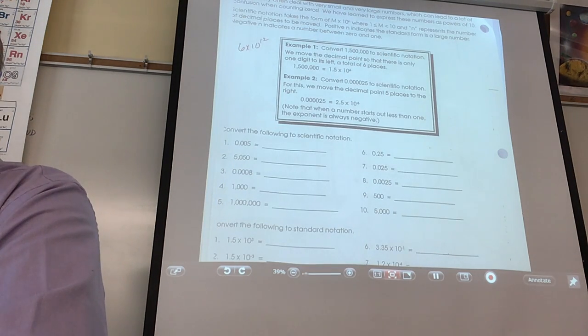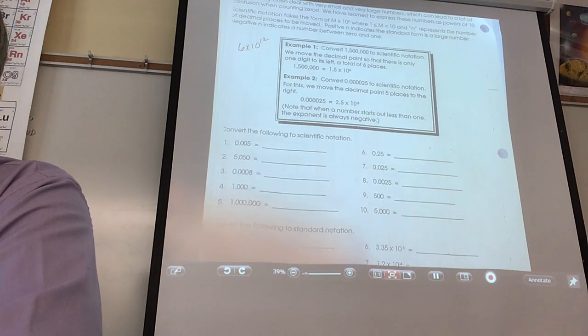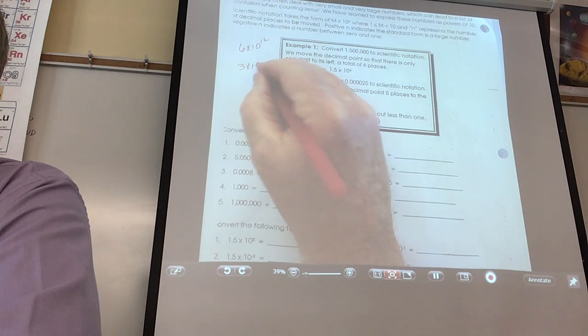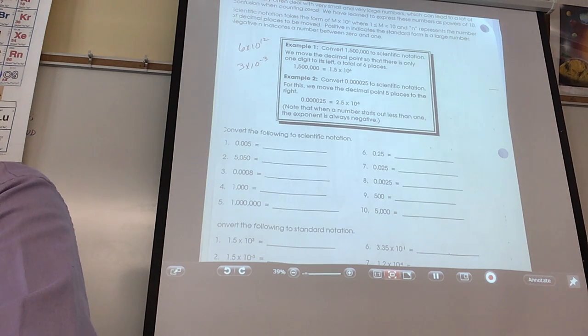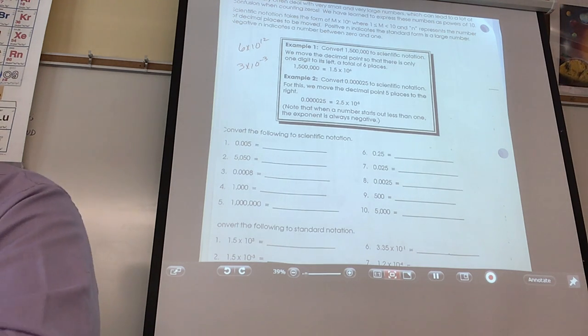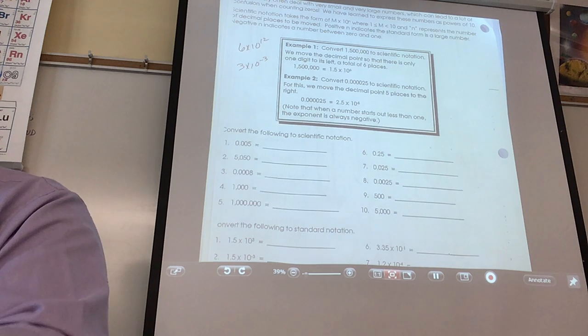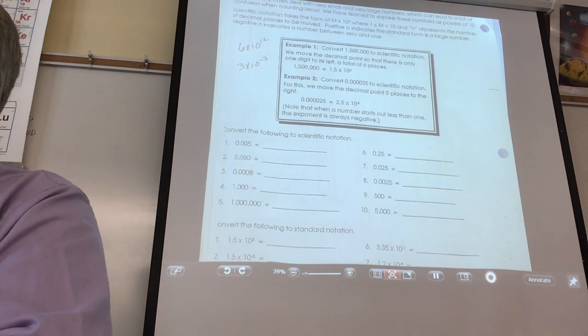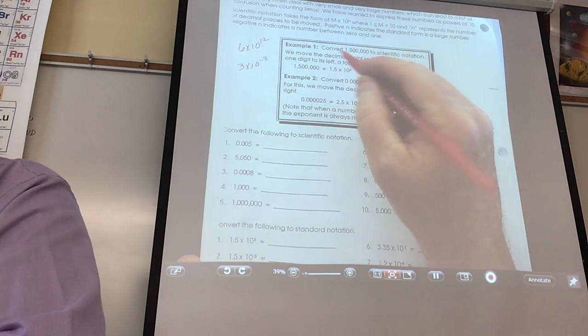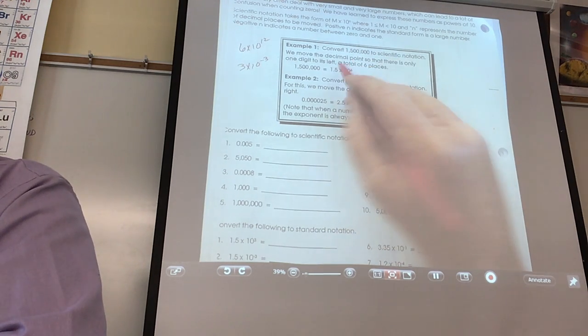It's 6 trillion. It makes it so simple. Look, how about this? 3 thousandths. And so it's really a very convenient way of writing numbers in science, and it's called scientific notation.